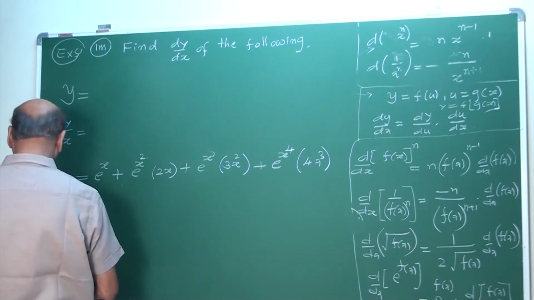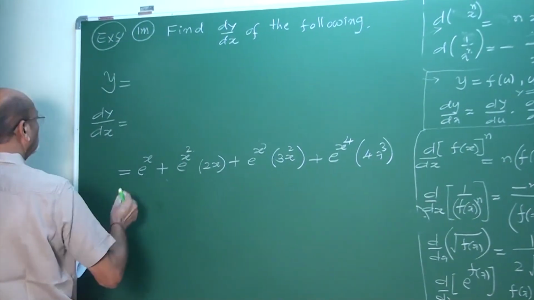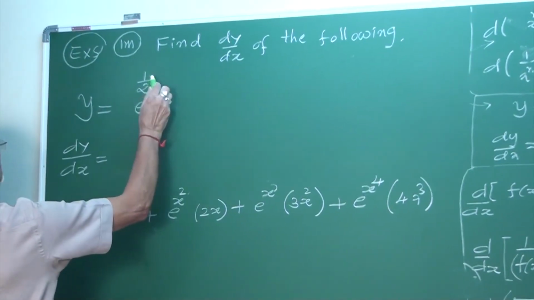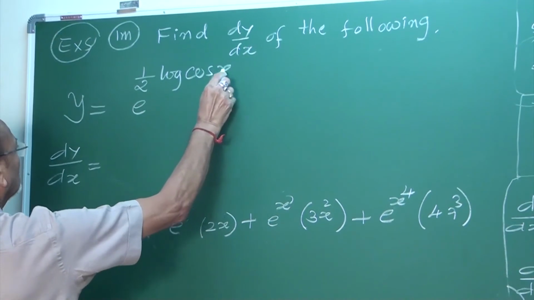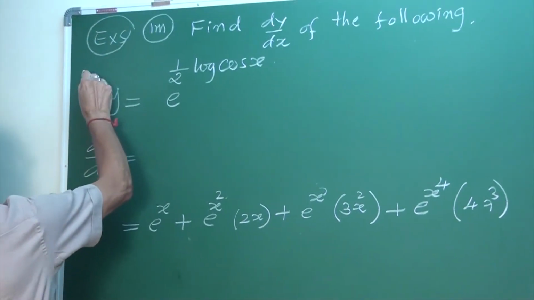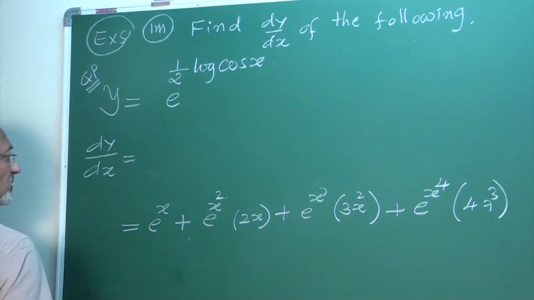Find dy by dx if y equals e to the power half log cos x. It is also one of the model question paper questions, otherwise it appeared in the main exam question paper, my friends.